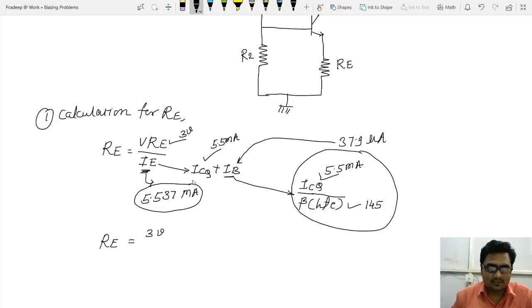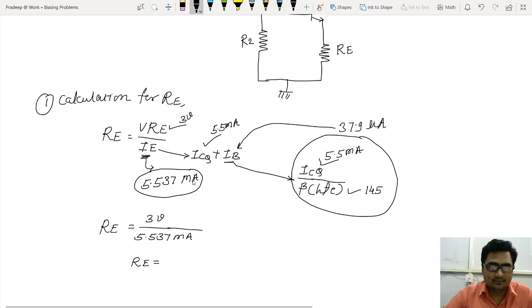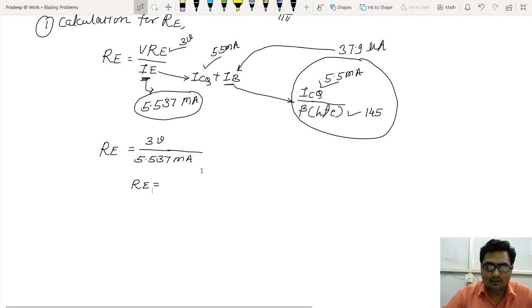So what is the value of RE? It is 3 volt divided by 5.537 milliamperes, milli meaning 10 raised to minus 3. So calculate 3 divided by 5.537 multiplied by 10 raised to minus 3. It turns out to be 542 ohms.